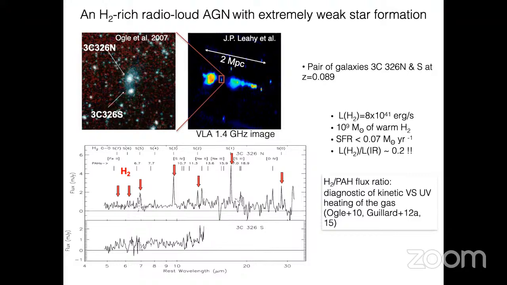And you see that the H2 luminosity is really, really high. We've got as much molecular gas as our own Milky Way, 10 to the 9, 1 billion solar masses of warm molecular hydrogen, as much as cold CO in our own galaxy, basically, but with a tiny star formation rate. So very much below what is expected from the Schmidt-Kennicutt relation.